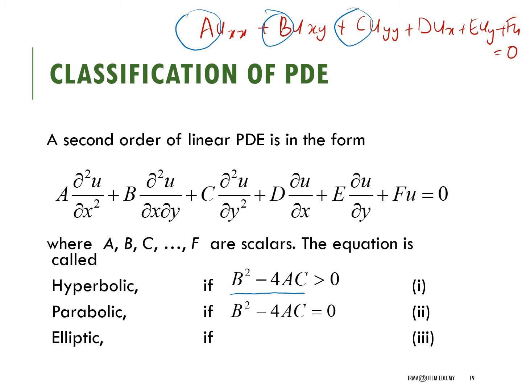And what happens if you get the answer for b squared minus 4ac as a negative number? The equation is actually an elliptic equation. The idea is you need to solve for b squared minus 4ac, and from that answer, you can determine whether it's hyperbolic, parabolic, or elliptic.